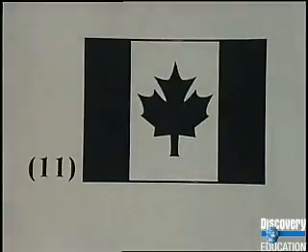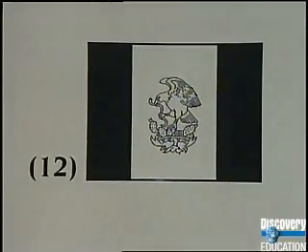Write the letter of your response next to number 11. And let's look now at number 12. See if you can find vocabulary word for this picture. Write the letter of your response next to number 12.